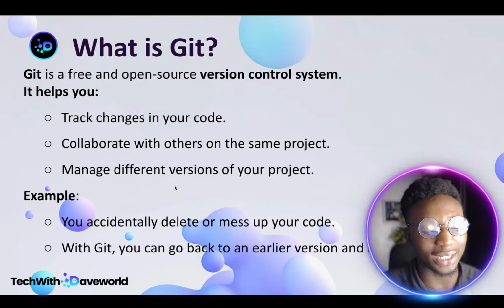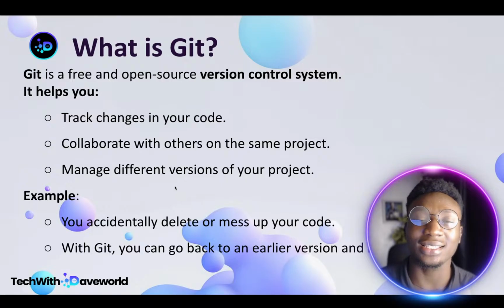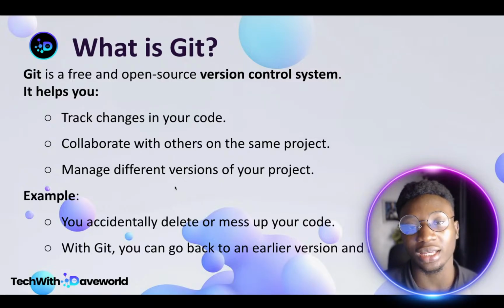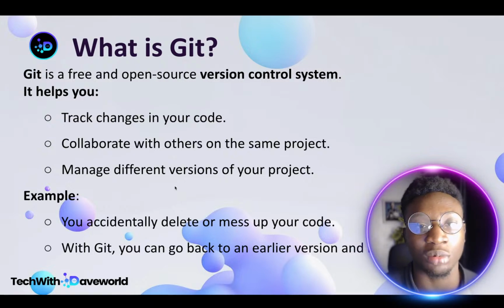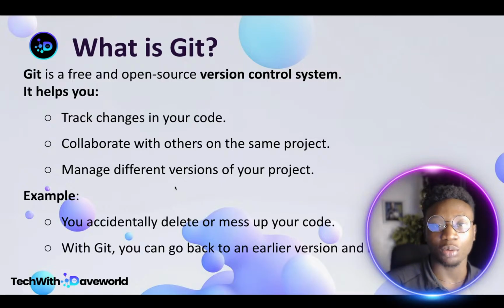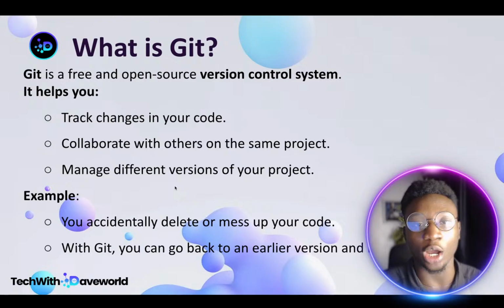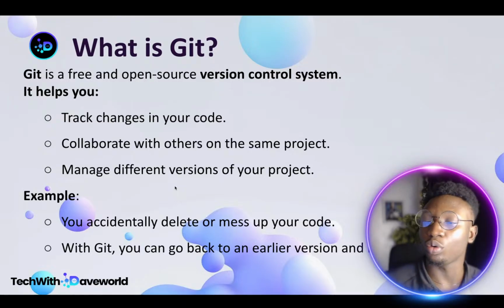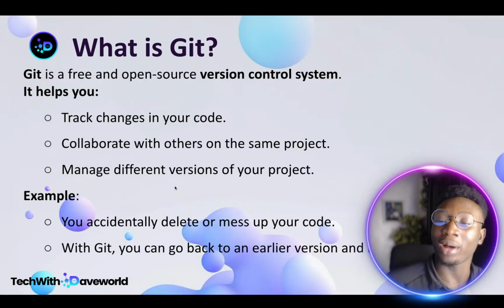Yesterday the code was working fine, and the next day when you woke up, you made some little changes, and for some reason your code is no longer working. If you want to go back to what you did the previous day, when the code was working, then Git would really help you do that, all right?